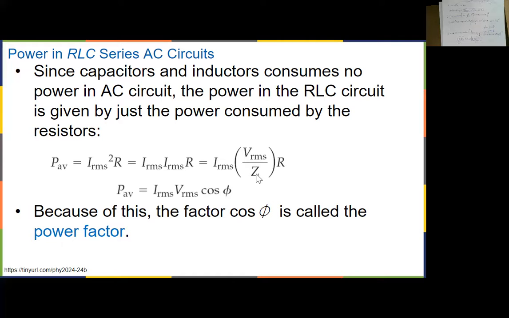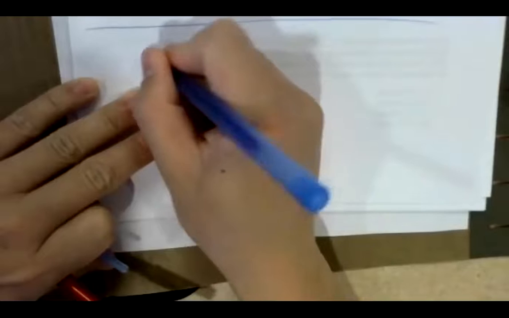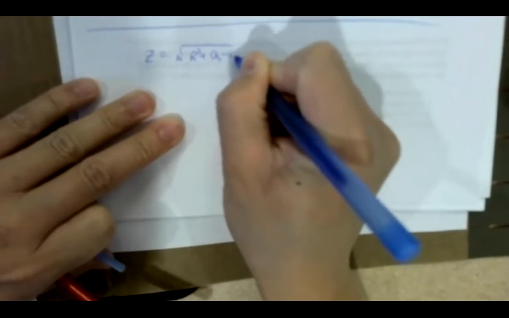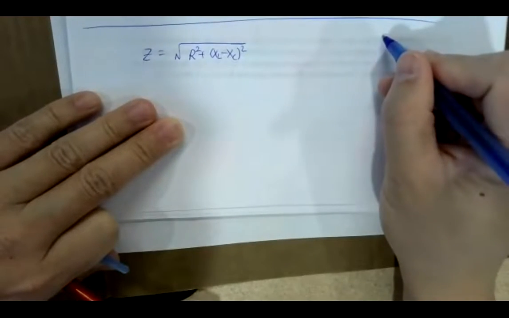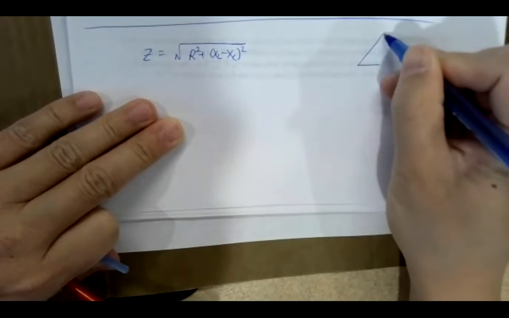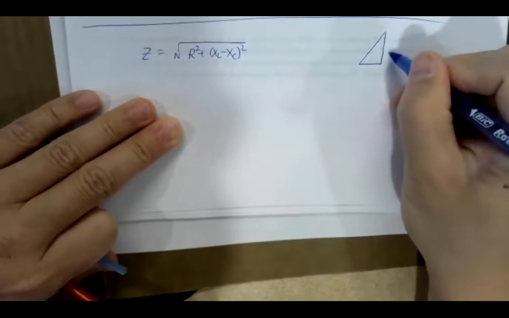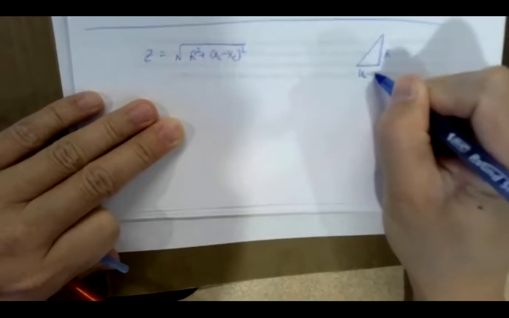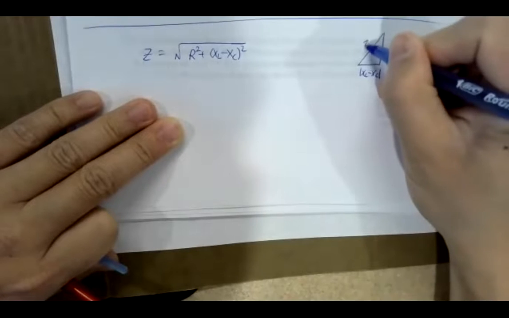So that's because, maybe let me show you why that's a cosine of that. Because your Z is equal to the square root of R squared plus (XL minus XC) squared, okay? So you can imagine if you have a right angle triangle like this, this is your R, this would be your XL minus XC, then this would be Z, right?